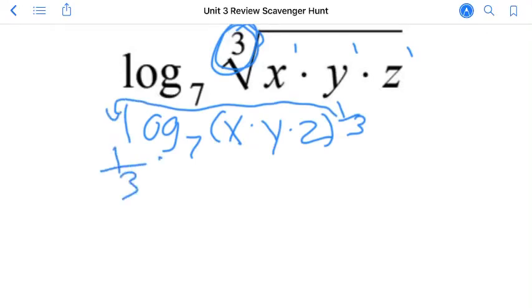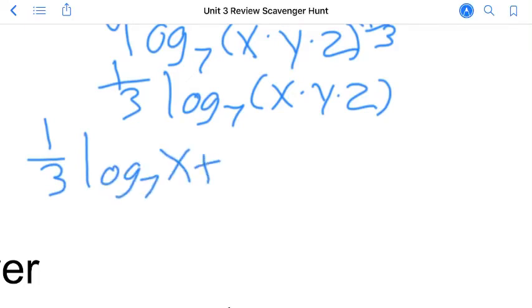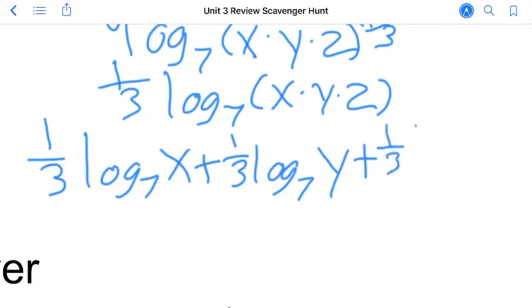So 1/3 log base 7 of x times y times z. Then I'm going to take care of my multiplication. So I have 1/3 log base 7 of x plus 1/3 log base 7 of y plus 1/3 log base 7 of z. And there's my answer.